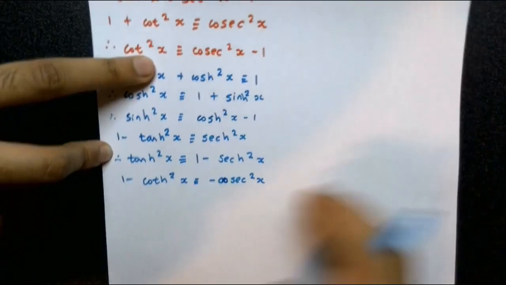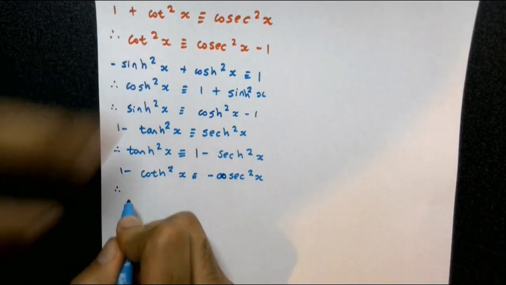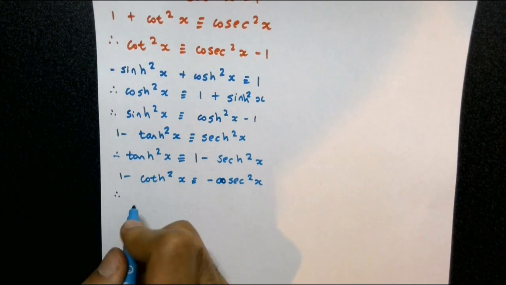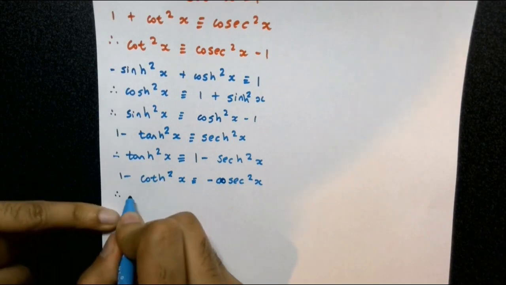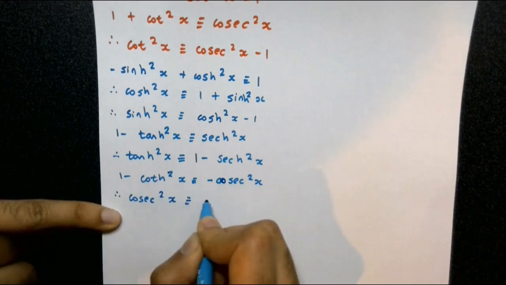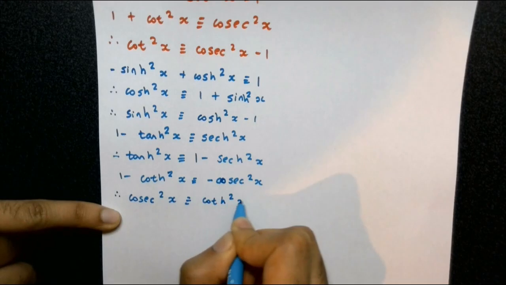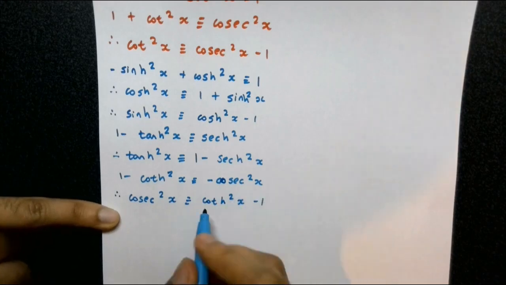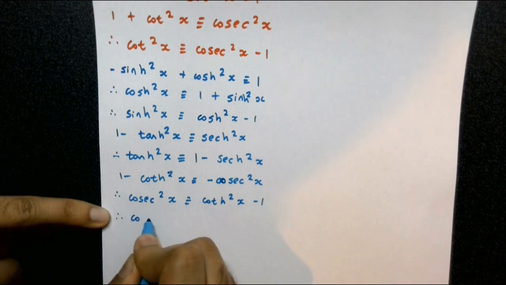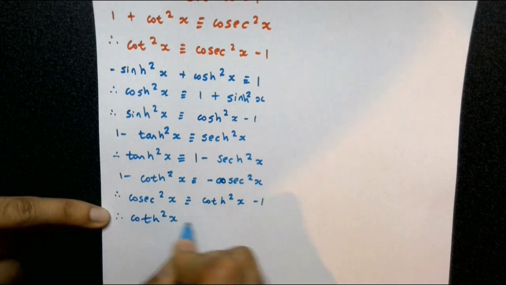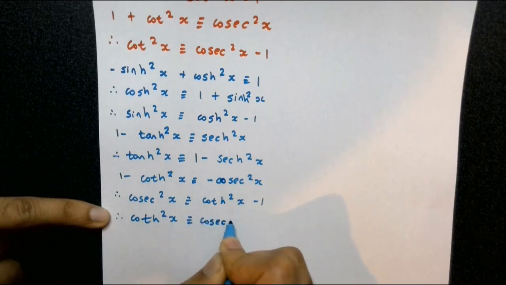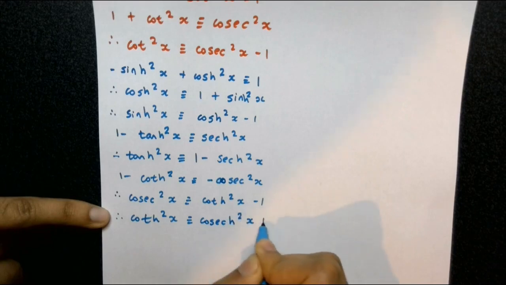And if we rearrange our results, hopefully you can see we end up with hyperbolic cosec squared x being equivalent to hyperbolic cot squared minus 1, and we've also got hyperbolic cot squared being equivalent to hyperbolic cosec squared x plus 1.